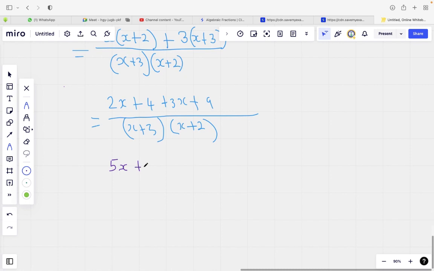So we say 5x plus 13 all over the denominator, which is x plus 3 in one bracket and x plus 2 in another bracket. Okay, so this becomes our final answer. Is that okay?